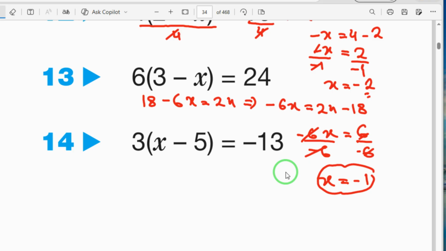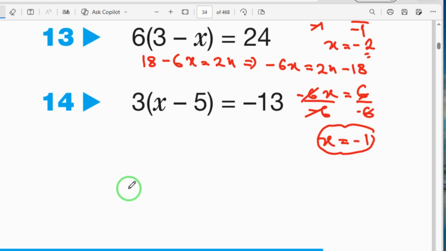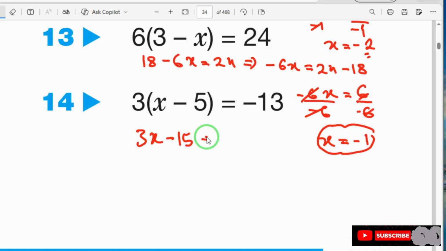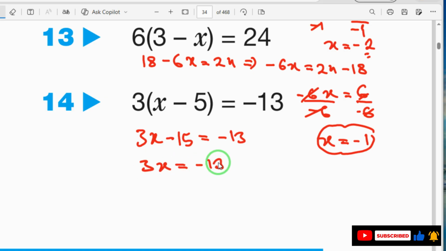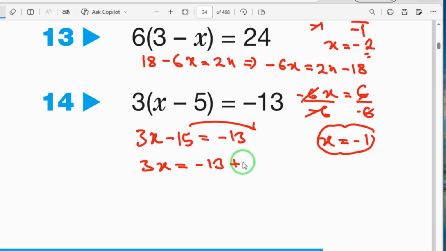And question number 14 is the last question in this exercise. First we multiply. 3 times x is 3x minus 3 times 5 is 15 equal to minus 13. Then we have 3x is equal to minus 13, and we bring this minus to the right side, it becomes positive plus 15.